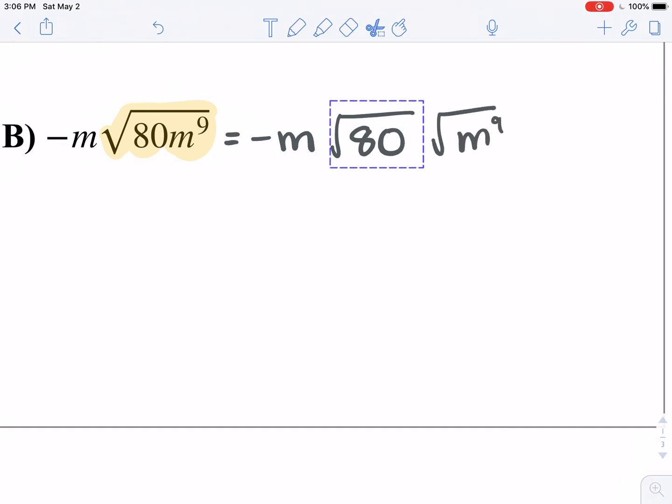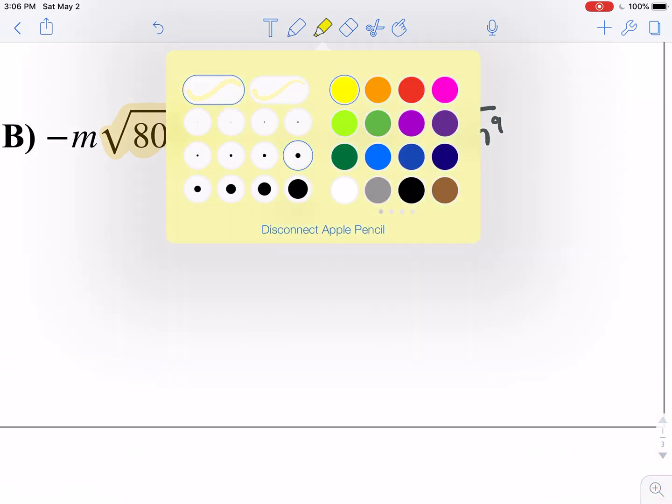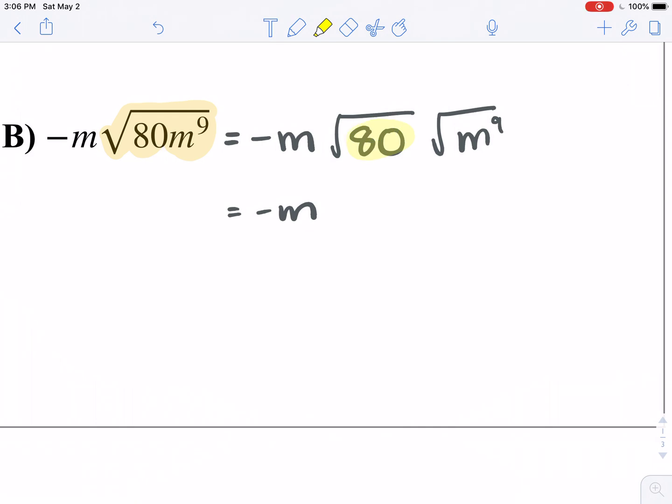Now we want to split up each of our radical symbols into square roots. So we keep negative m the same, and 80 is equal to 16 times 5. You could also do 8 times 10, but that will take you a couple extra steps. So 80 is equal to 16 times 5, and the square root of m to the 9th is equal to m to the 8th power times m.